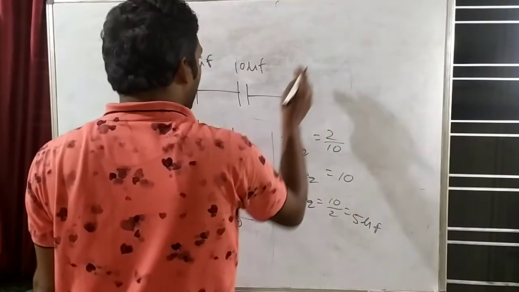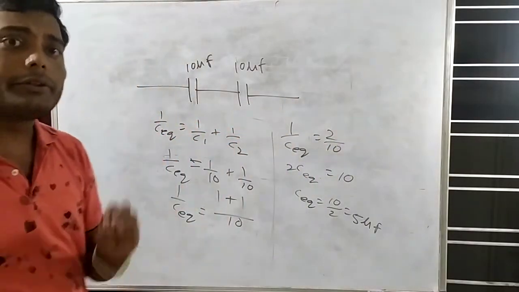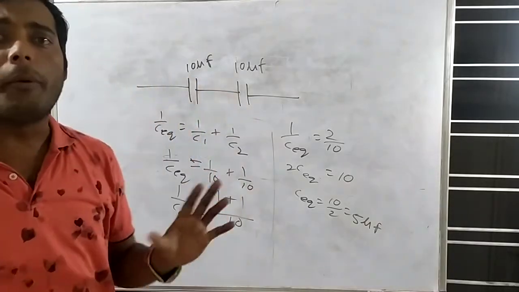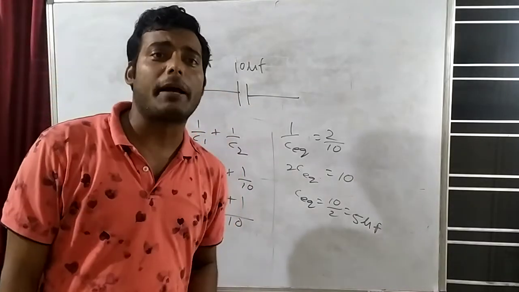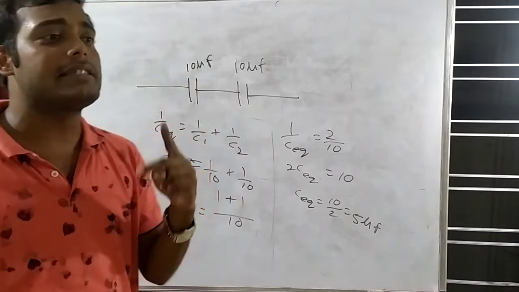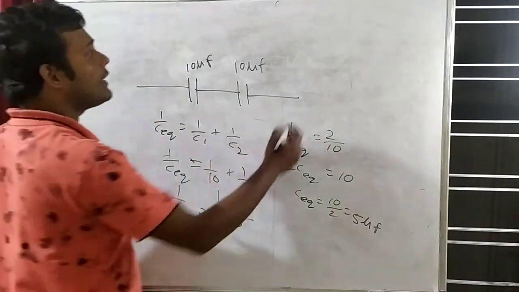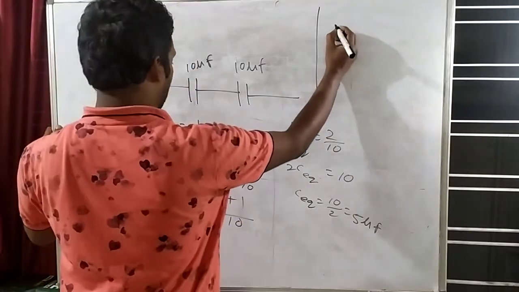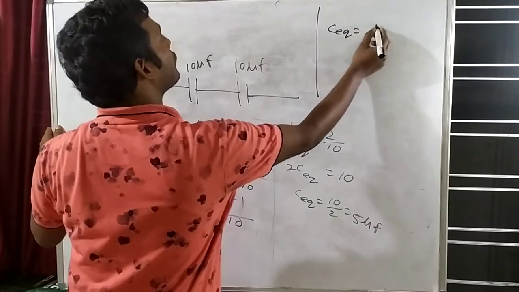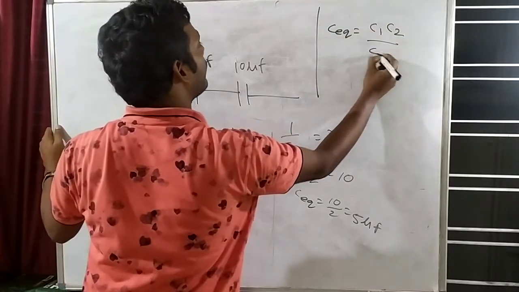Now see, I can do this directly. How? Whenever they give you two capacitors and both capacitors are connected in series, then directly you can write that C equivalent is equal to C1 C2 by C1 plus C2.